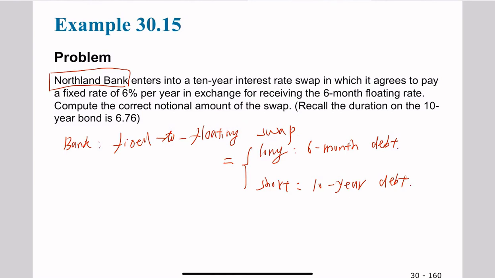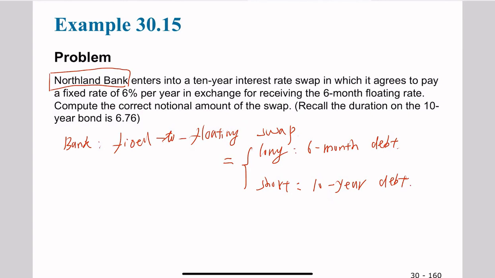Taking a short position in 10-year debt is equivalent to selling this long-term debt, and having a long position in the short-term debt is the same as having bought the short-term debt. So essentially, by entering this swap, the bank is selling long-term debt for short-term debt.